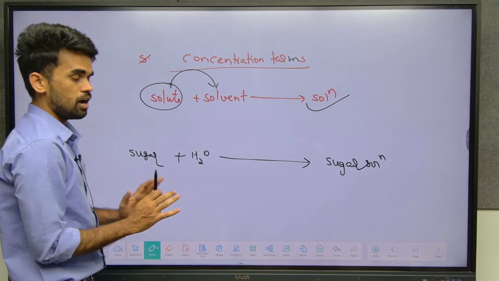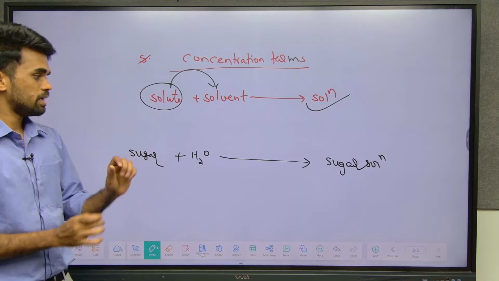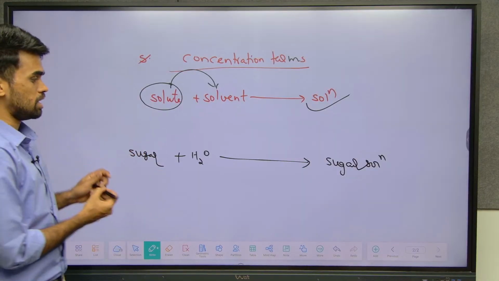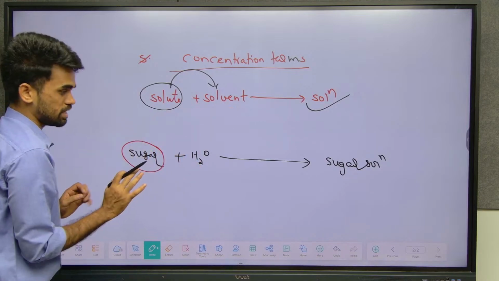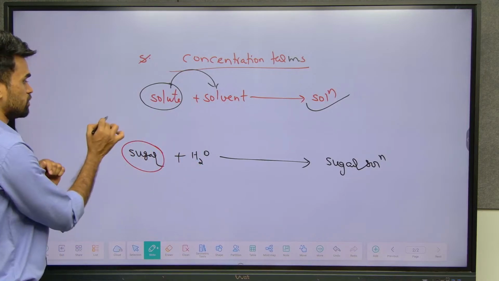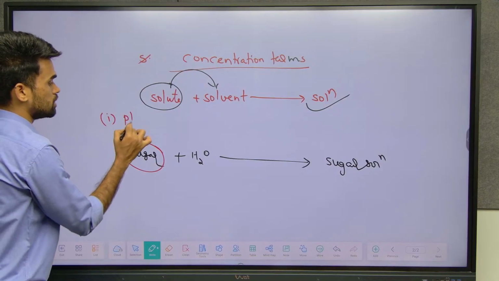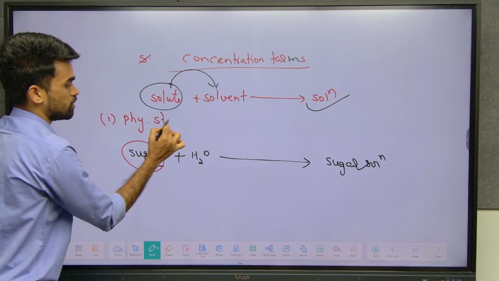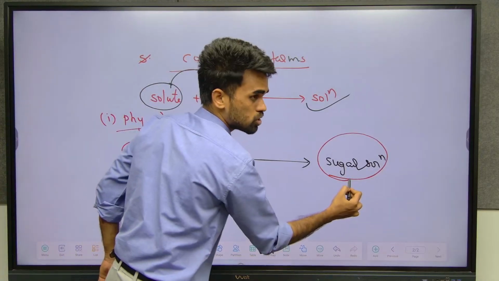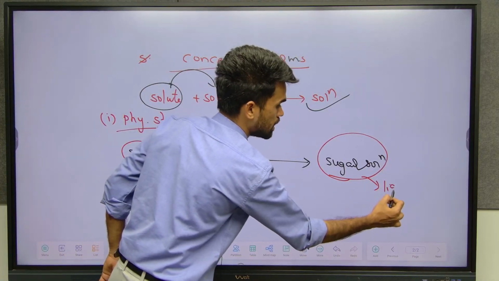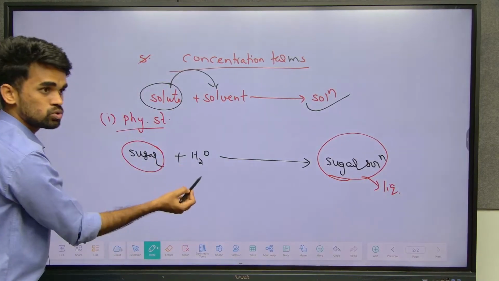It is easy here. Just remember one thing first: look at the physical state. What is the physical state of this sugar solution? Liquid. Which is liquid out of these two?